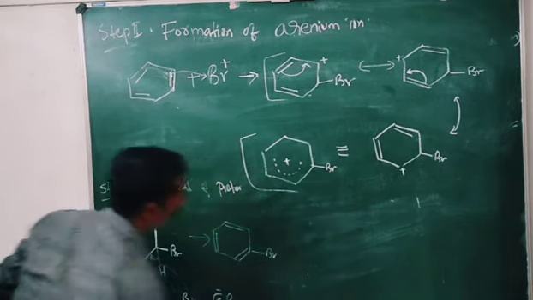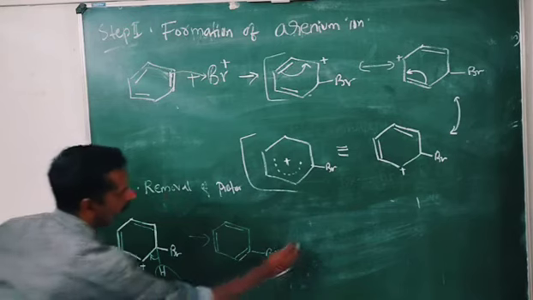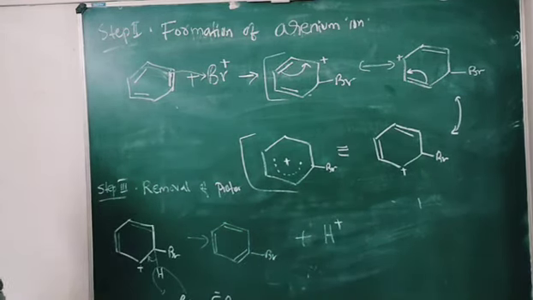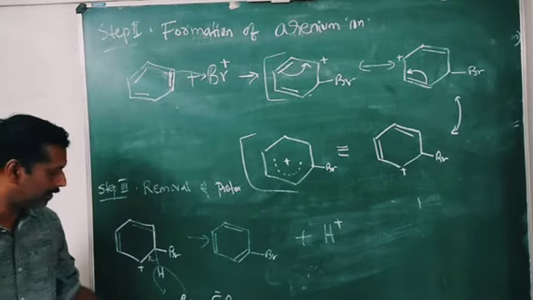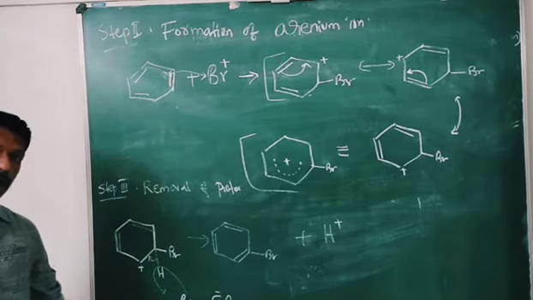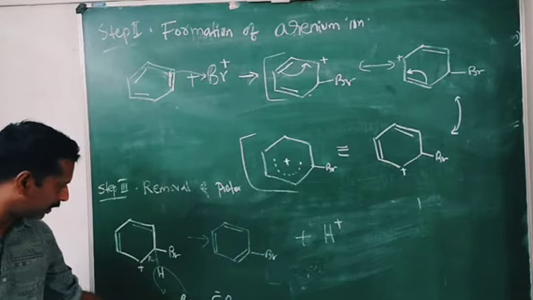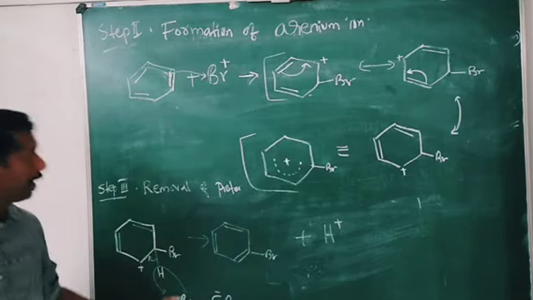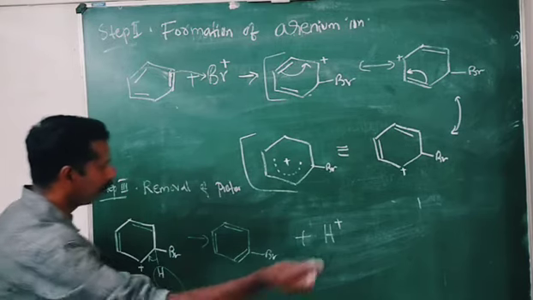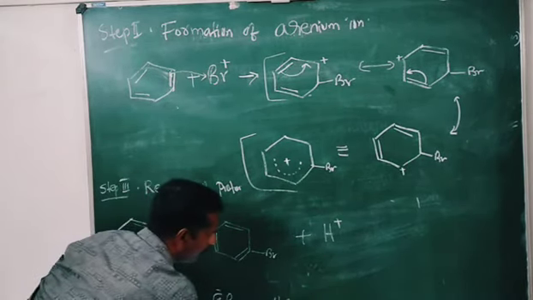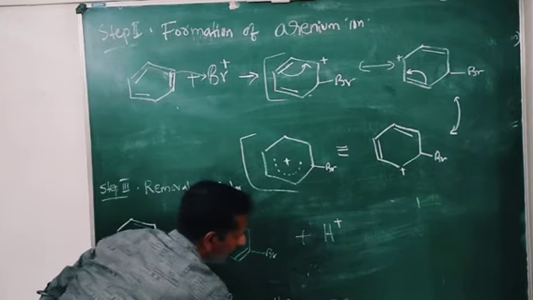You are getting bromobenzene, plus H plus will be generated. That H plus will be taken by, see, this is our first step byproduct, Br, FeBr3 minus. That means this Br will take H and change into HBr, and we get back our FeBr3.